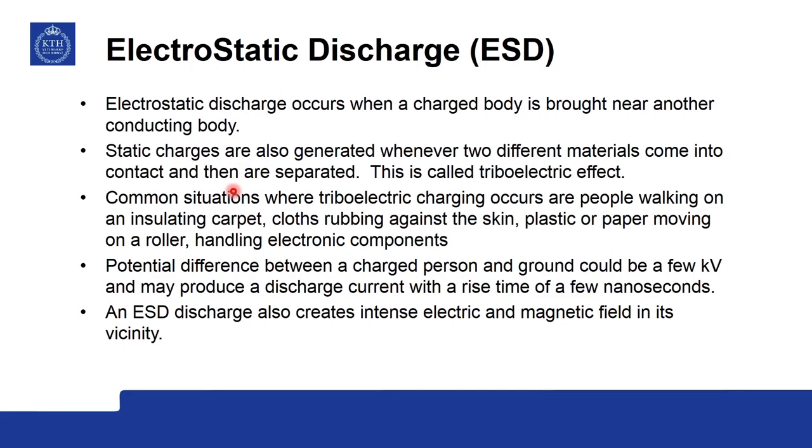The common situations where triboelectric charging occurs are when people are walking on an insulating mat or a carpet, clothes rubbing against the skin, plastic or paper moving on a roller in industrial processes, and handling of electronic components.